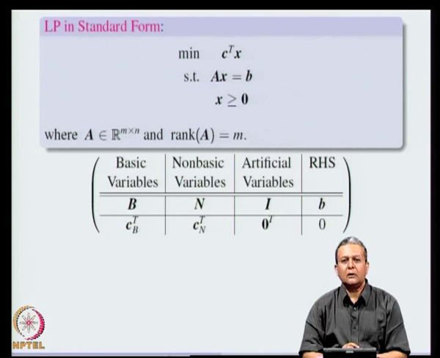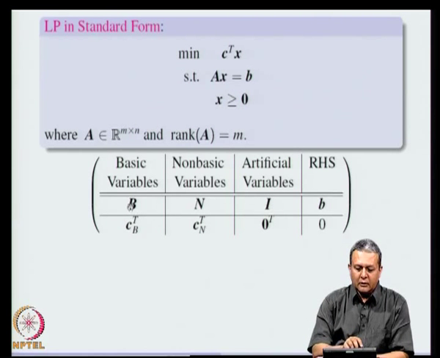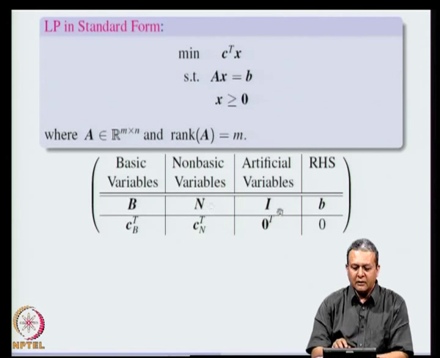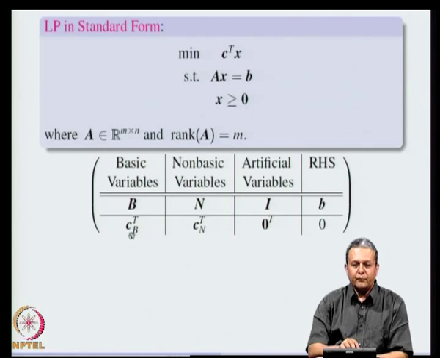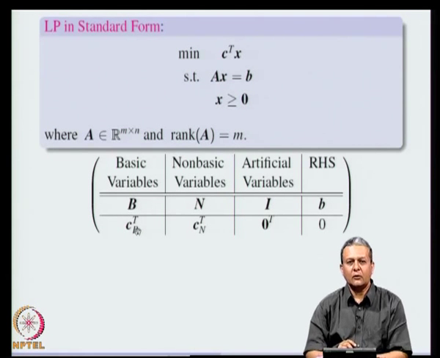Now, by doing the usual matrix transformations, for example, multiplying the first m rows by B inverse, we get the identity matrix here, B inverse N here, B inverse appears here and B inverse b appears here. Then we subtract C_B transpose times the first m rows from the last row.